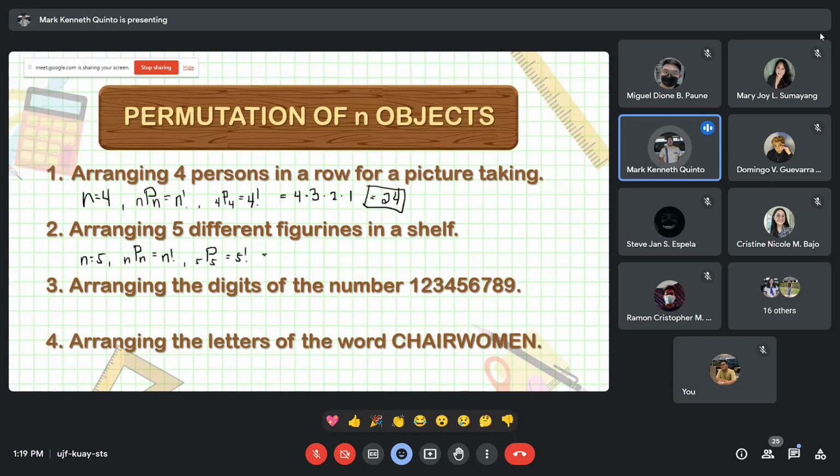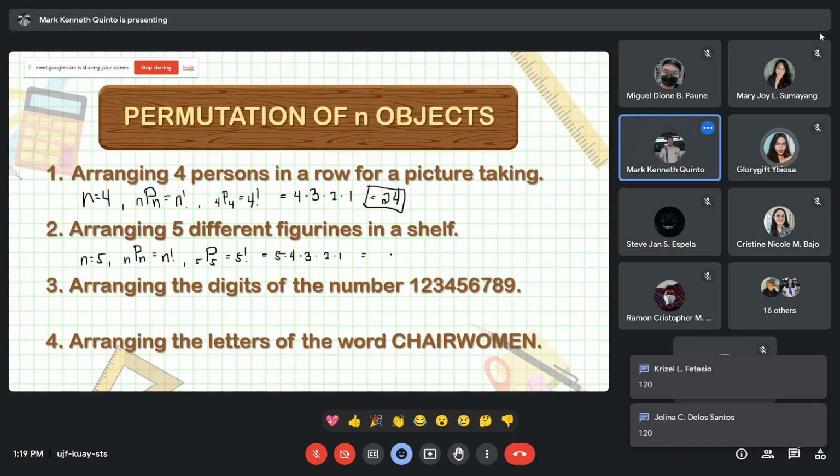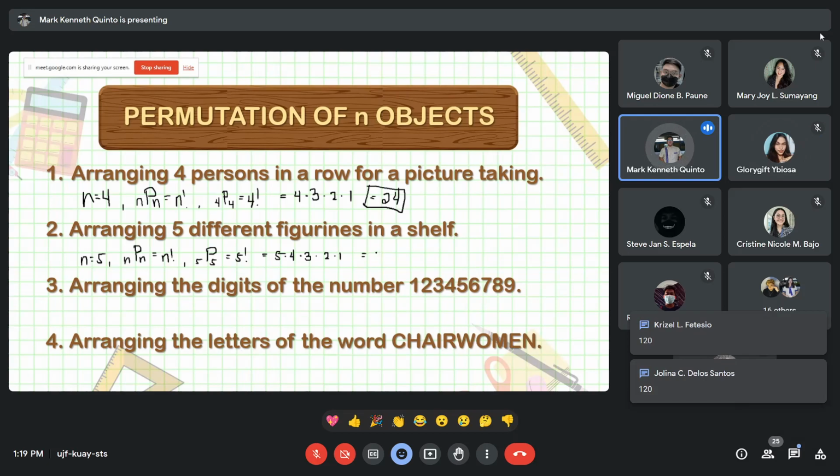We just have to expand it again by subtracting by 1. That is 5 times 4 times 3 times 2 times 1. So the answer is what? 120. Okay, very good. The answer is 120. That is for our item number 2.